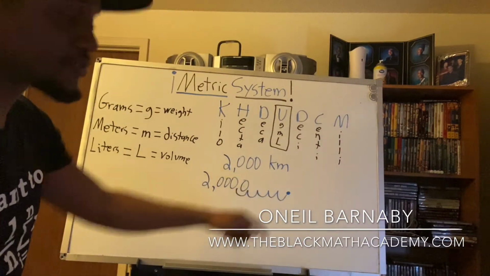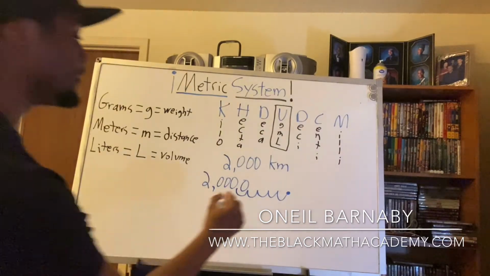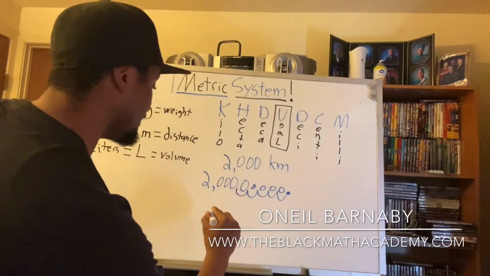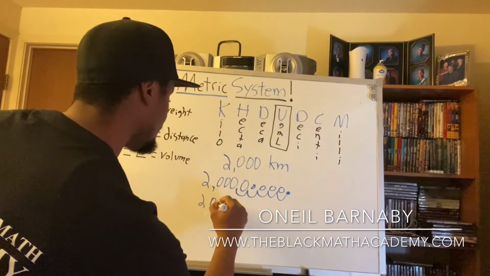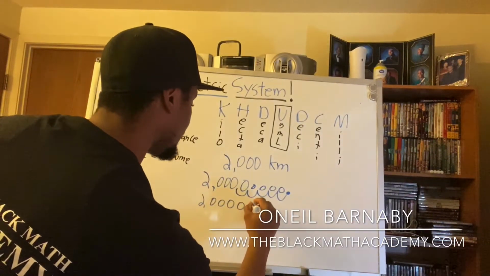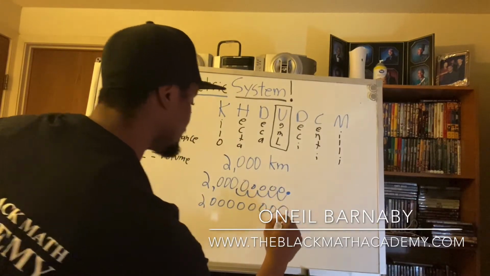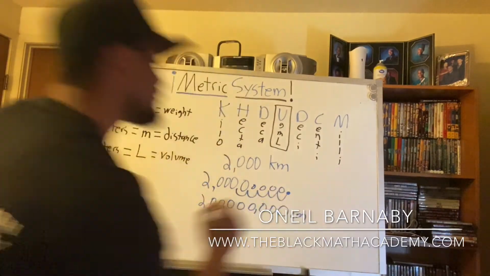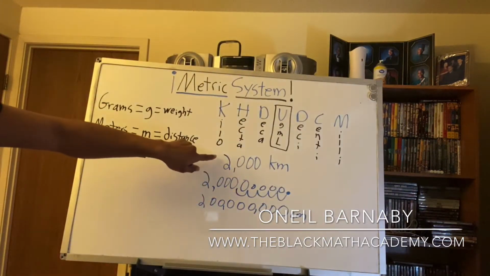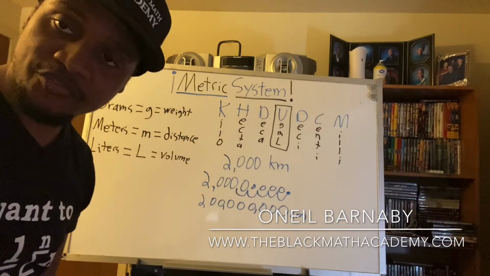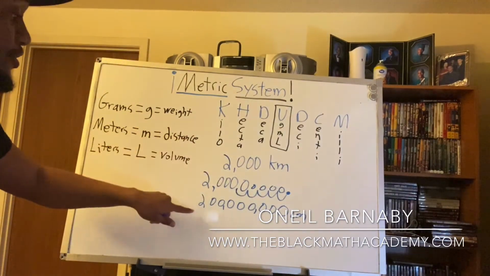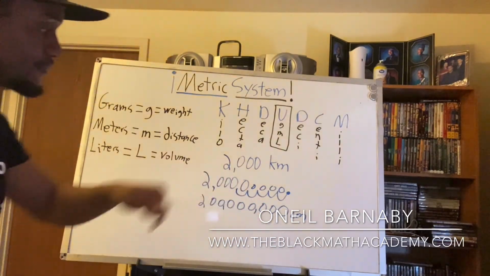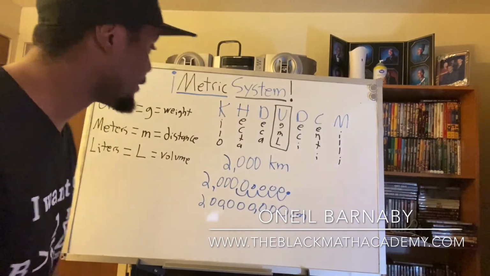And all the gaps you would replace with a 0. And this would be your conversion. So 2,000 kilometers, when you want to convert that into centimeters, becomes 200 million centimeters. 200 million. And that's how you convert.